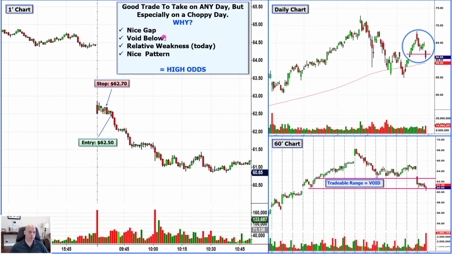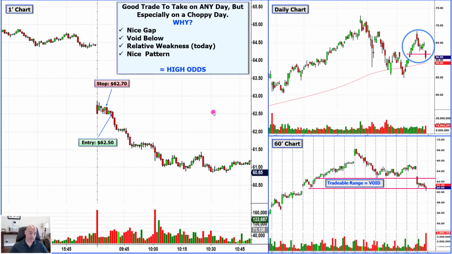Nice gap, void below, relative weakness on that particular day, and it had a nice pattern. The pattern was a 1 minute breakdown at 62.50. So you're in at 62.50, your stop 62.70, and ultimately it went to 61. Notice where it basically stalled. It peeked under a little bit, but it stalled right at that support area. So that was the tradable void.